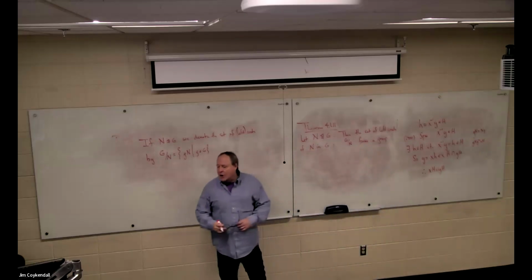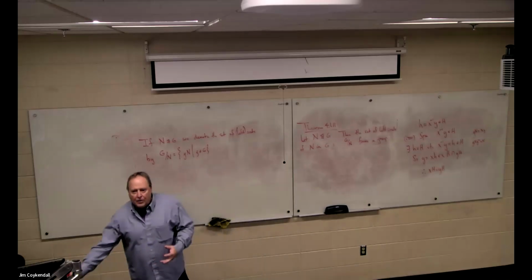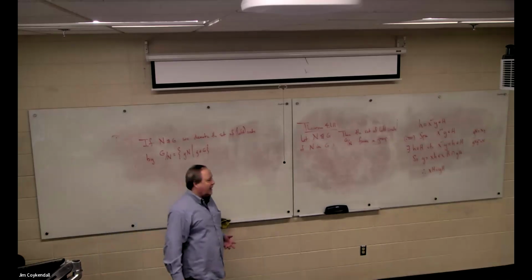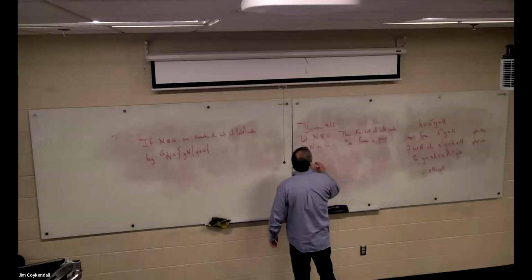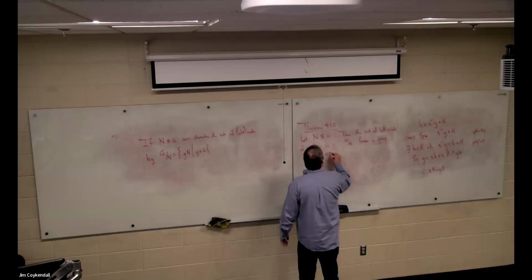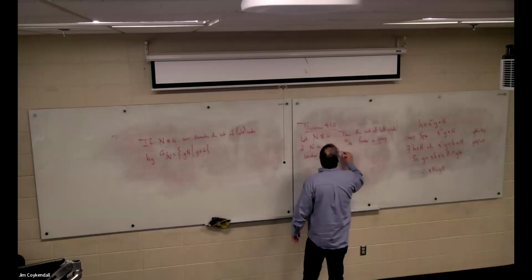Actually, this collection of cosets itself forms a group. So now I've got a way to multiply these sets. Well, how do you suppose we do this? I've got to tell you how to operate it.